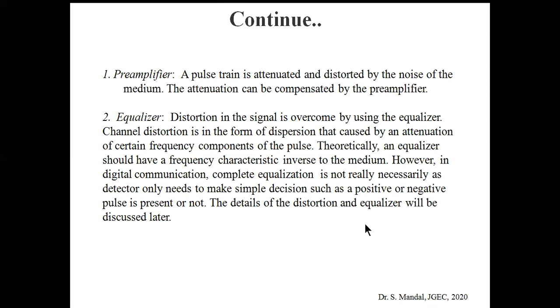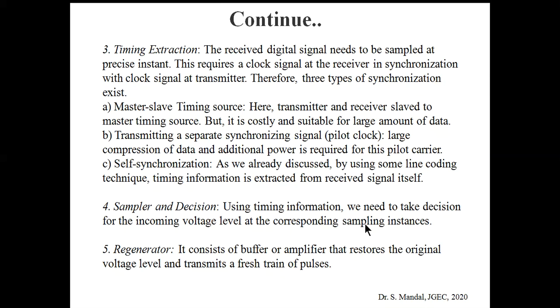Next is the timing extraction. As we already said, timing extraction is a very important part so that we can make the correct decision. There are basically three processes through which we can extract the timing information. The first one is the master slave timing source. Here the transmitter and receiver are slaved to a master timing source.